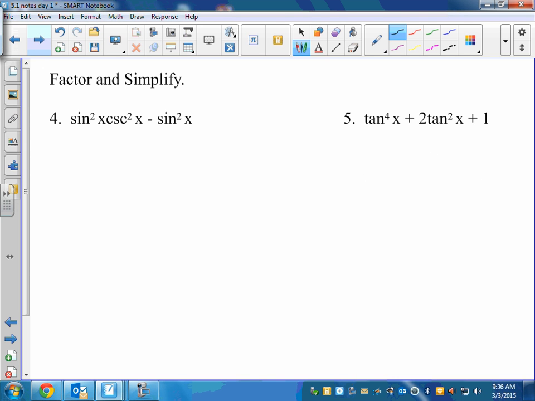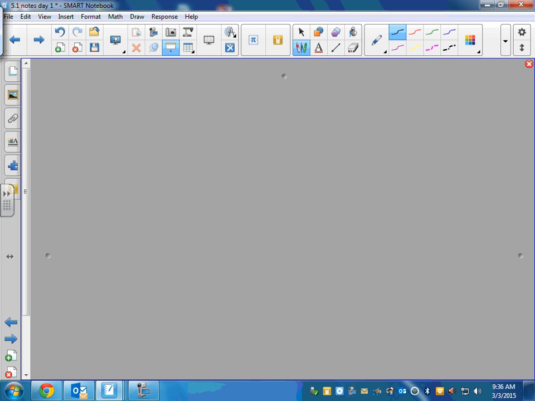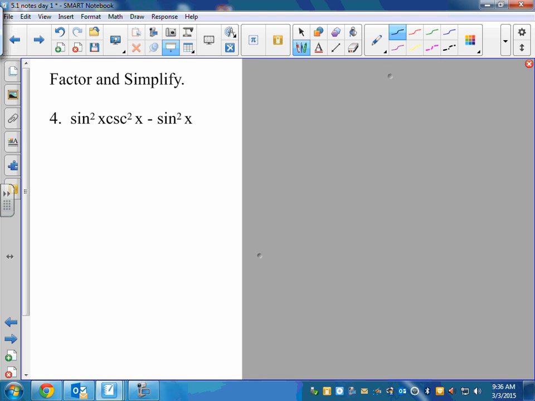Ooh, how about this one? The directions say factor and simplify. There are too many letters in a row in there. It's just too much. Put a space in there if you'd like, or parentheses. So today they're trying to give you hints on how to do it, right?